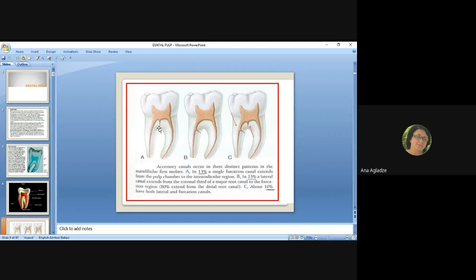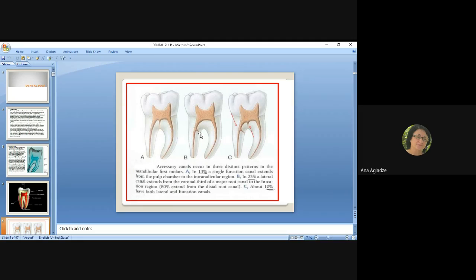In multi-rooted teeth, some small vascular canals enter the pulp chamber from the bone between the roots. And here you can see this canal, and in about 13% a single bifurcation canal extends from the pulp chamber to the intraradicular region.